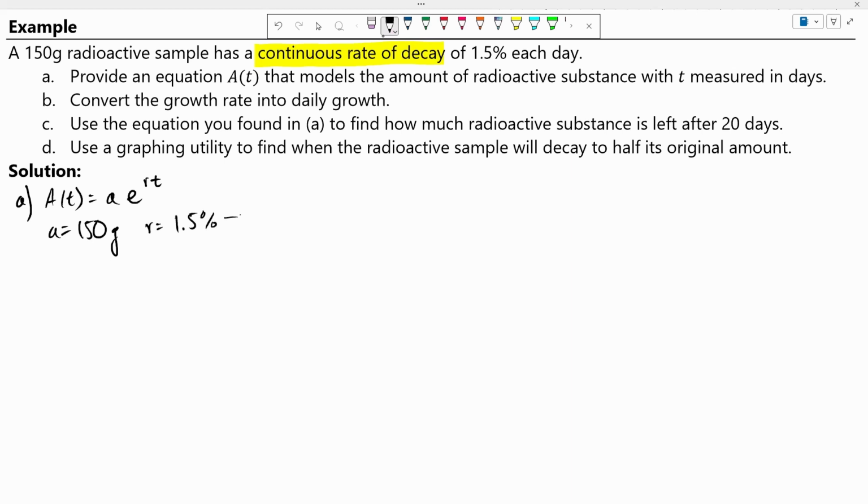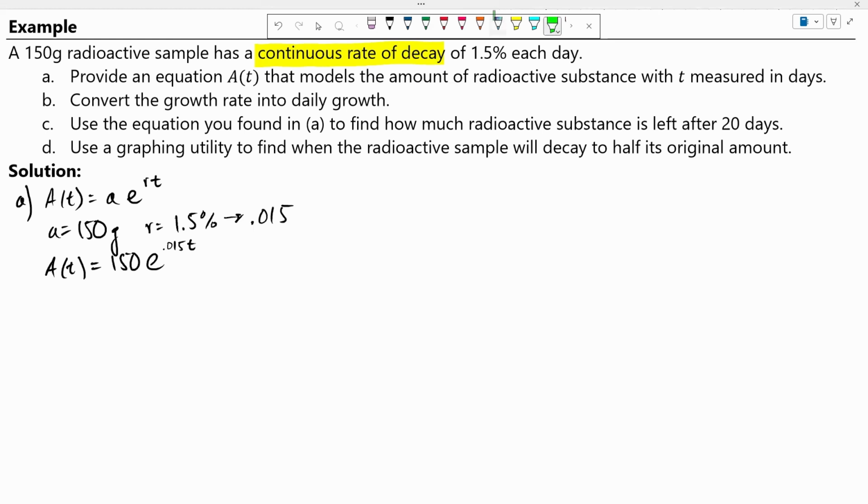I can't plug in the percent. I have to change it. So 0.015. Okay. But this is it. We plug stuff in. A of t, sorry, is 150 e to the 0.015 t. This is, oh, I already made a mistake.